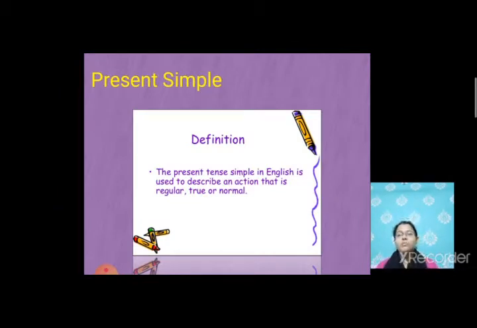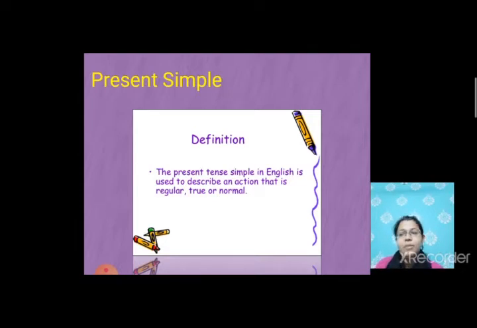Well, what do you mean by present tense? The present tense simply in English is used to describe an action that is regular, true or normal. That means the present tense indicates the action that is carried out on a regular basis. It is carried out again and again, it is a fact, and it is carried out on a routine or daily basis.